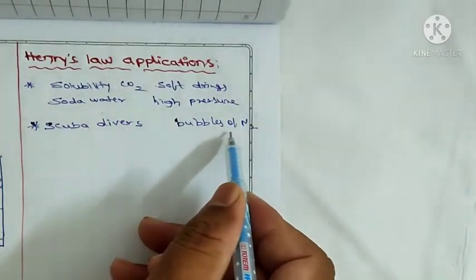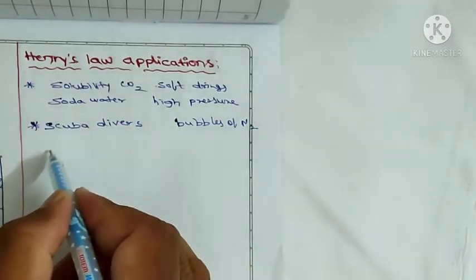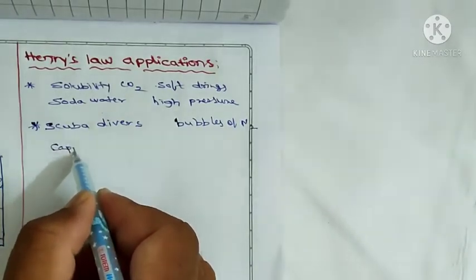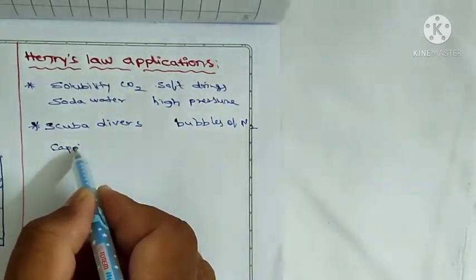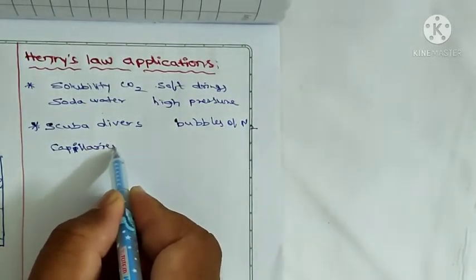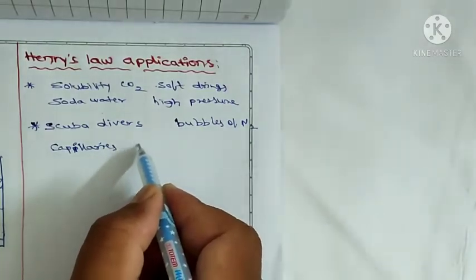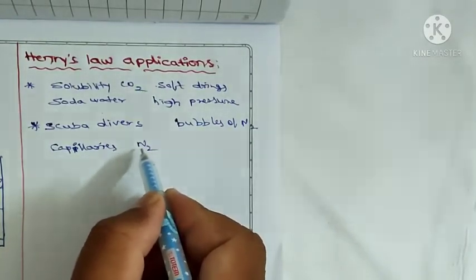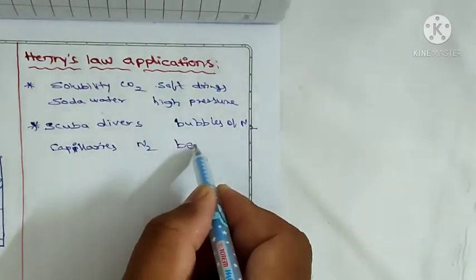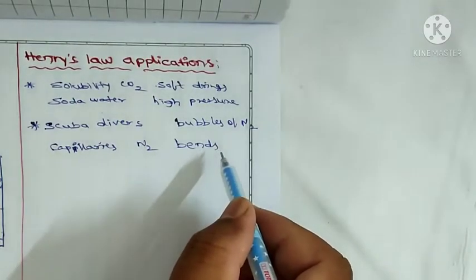And these N2 bubbles block the capillaries, creating bubbles of N2 in the blood, and it is called bends, and it is dangerous to life.